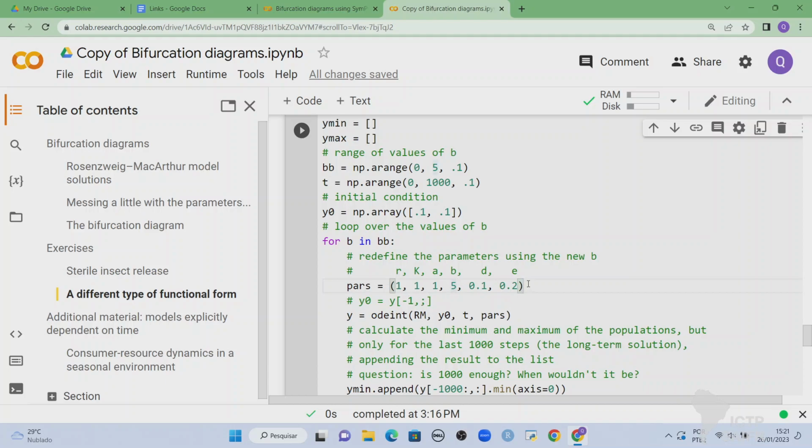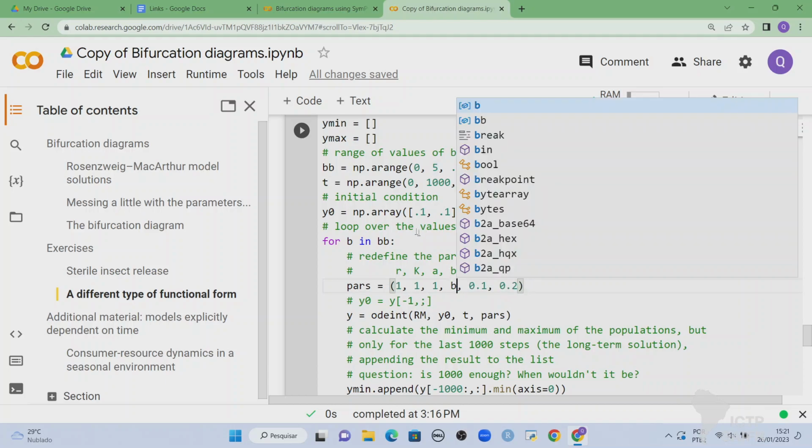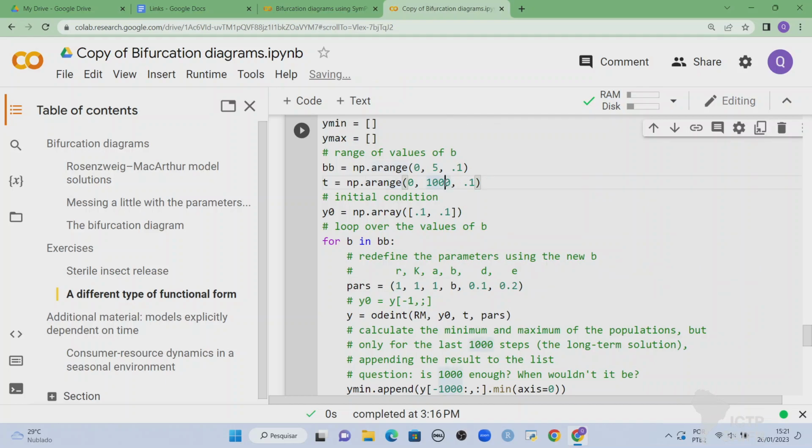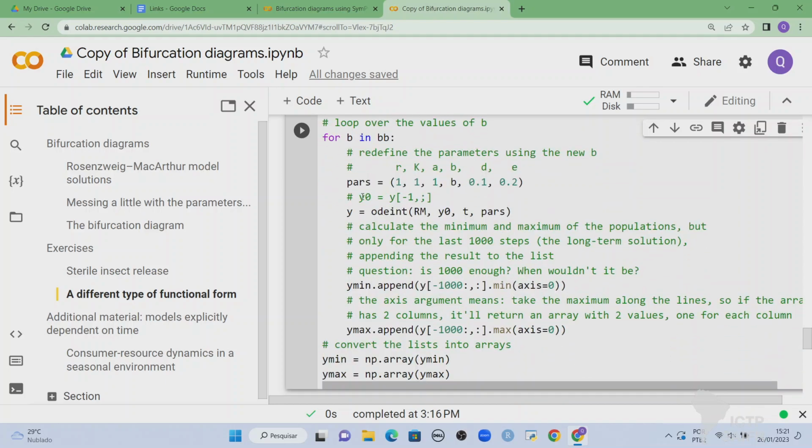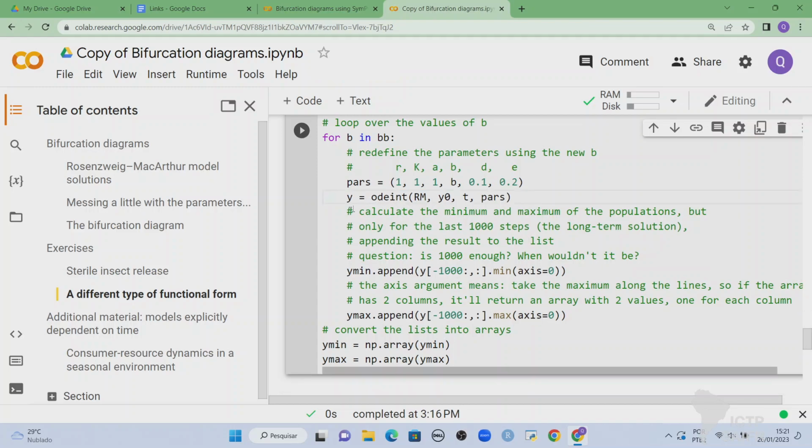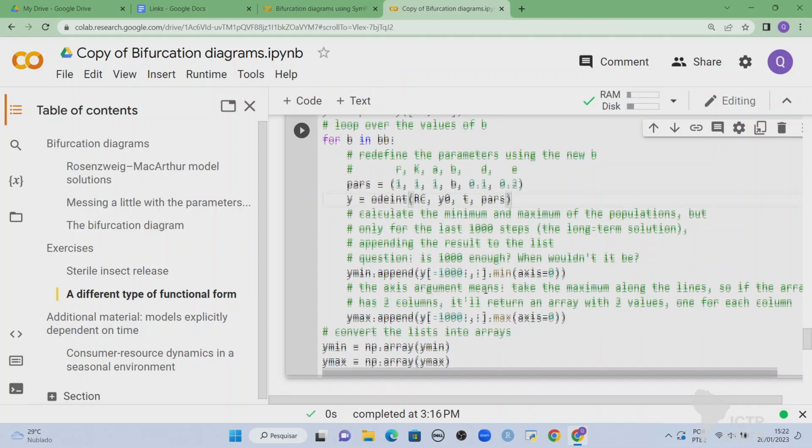So here, instead of 5, I'm going to loop over this range of values of b, and plot the bifurcation diagram. And now I solve. This equation is now called RC.